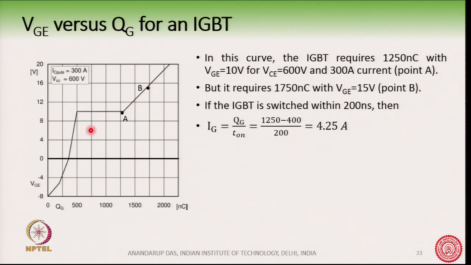Now if you say, I want to switch this device within 200 nanoseconds, then in an average sense I can say that the gate current required will be the total charge divided by the time. As I told you, the main switching transition is from stage 2 to stage 3.